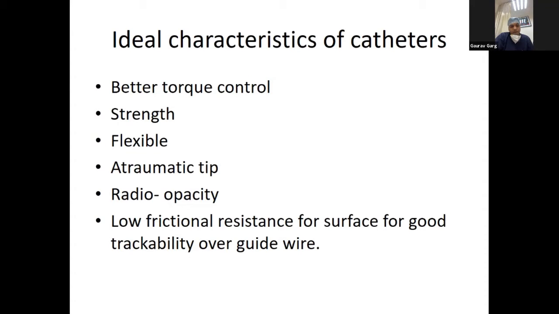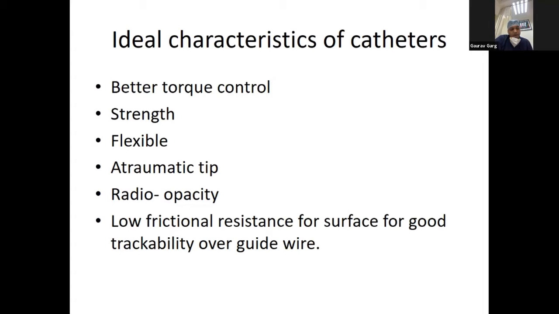The tip of the catheter should be atraumatic so that we do not injure the intima or the vessel wall. Obviously, it should be radio-opaque so that it is easily visible under fluoroscopy.